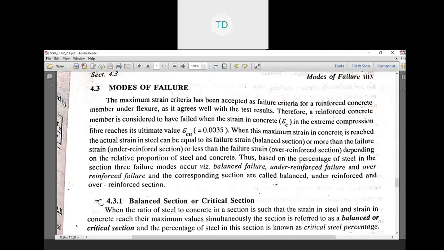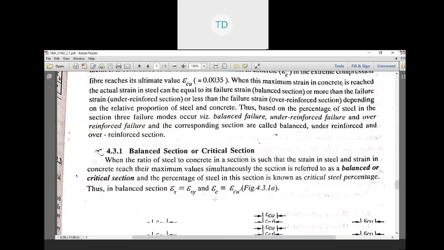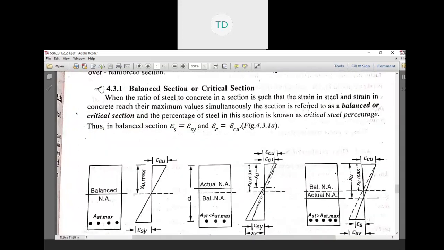It is also called a failure of vice versa. The corresponding sections are called balanced, under-reinforced and over-reinforced sections, which I've already mentioned. In the next chapter, we are going to describe and study the balanced section, over-reinforced section, and under-reinforced section.